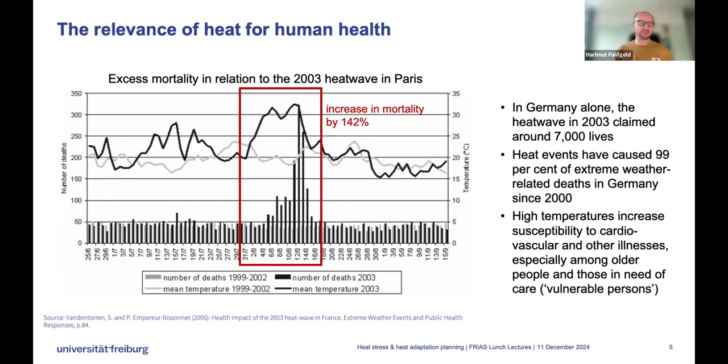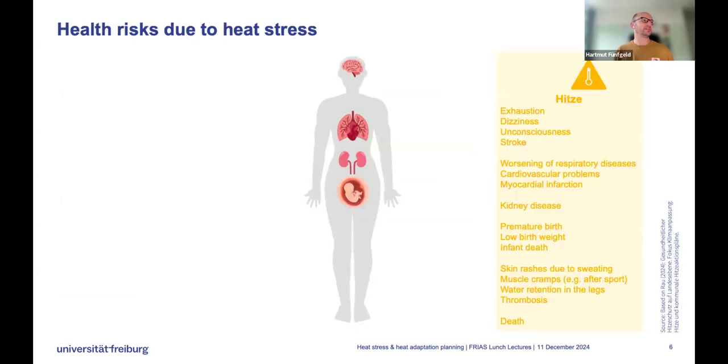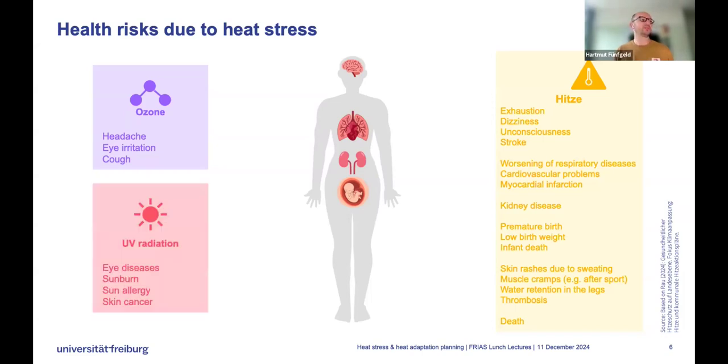In particular, it affects so-called vulnerable persons, a very complex term that I'm not going to go into in a lot more detail today. These health risks due to heat stress are listed on the right-hand side. Sorry, there's a bit of a German mix there still. Heat events are usually combined with periods of high ozone and also strong UV radiation.